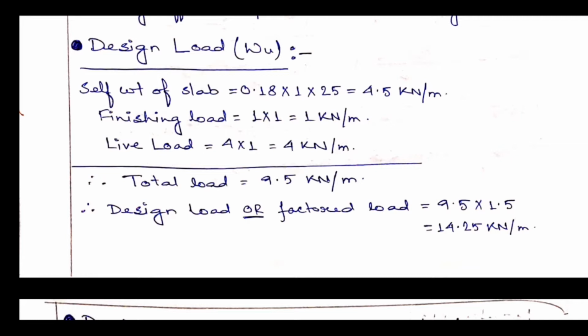So self weight of slab is equals to 0.18 into 1 into 25, that is 4.5 kilonewton per meter. 0.18 means 180 mm, the overall depth we have considered, multiplied by 1. 1 is, we know slab is always designed as 1 meter width of beam, and 25 is unit weight of RCC. So self weight of the slab is 4.5 kilonewton per meter.